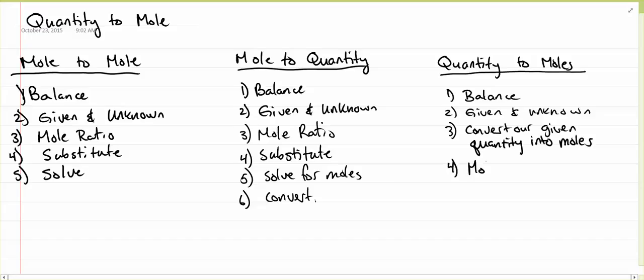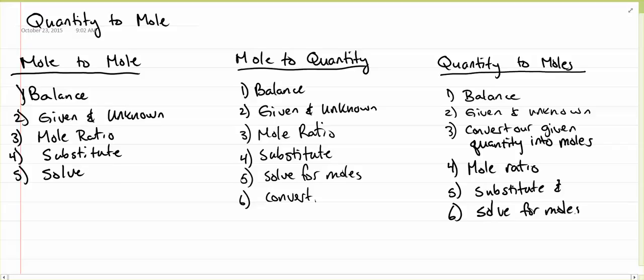Then once we do that, we can put it in the mole ratio, substitute, and then finally solve for moles. So that's what we're going to look at in this class.